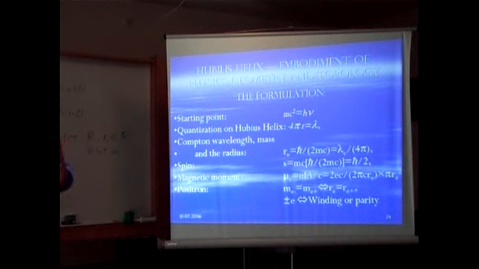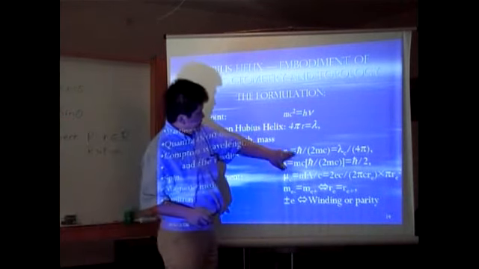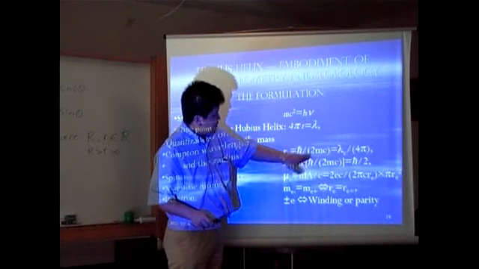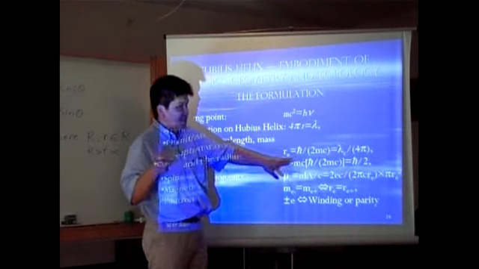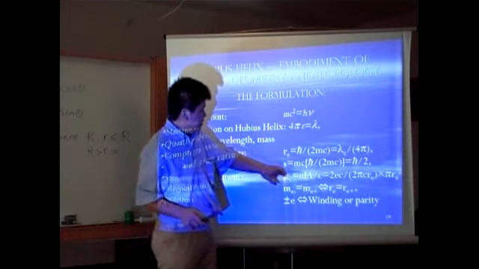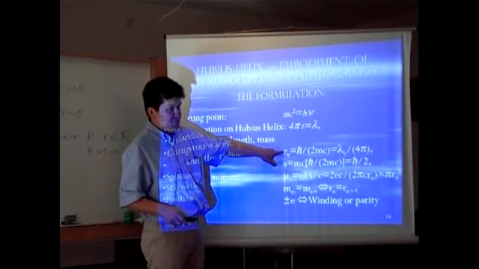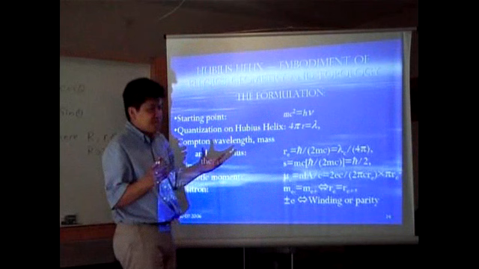Now, if you have this structure, we know that the electron and positron have a relation. The first thing is they both have the same mass, but because they have the radius here in relation to their mass, the statement that they have the same mass will be equivalent to the statement that they have the same size.